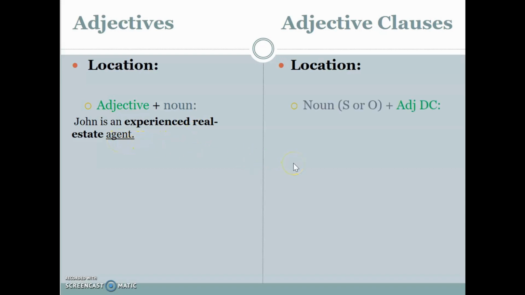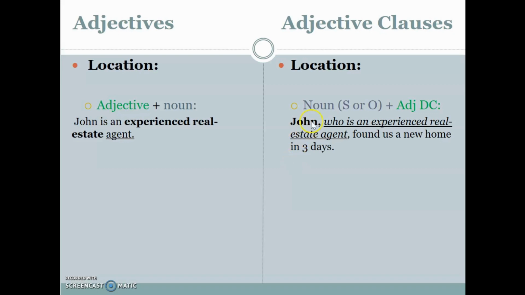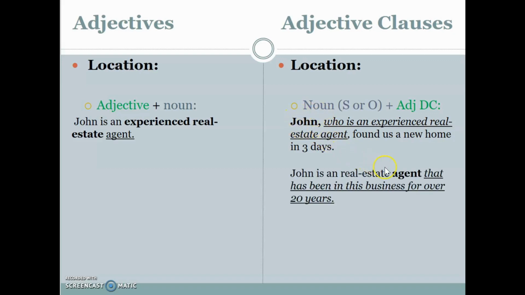With adjective clauses, they're always located after the noun they describe. For example, John, who is an experienced real estate agent, found us a new home in 3 days. The adjective clause, who is an experienced real estate agent, is located right after the subject it describes. Or it will be right after the object it describes.